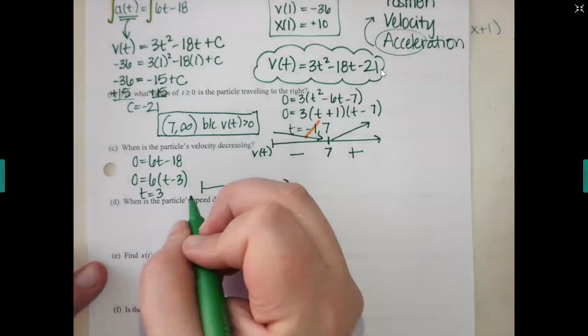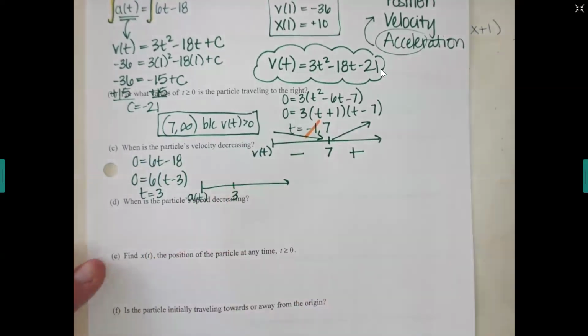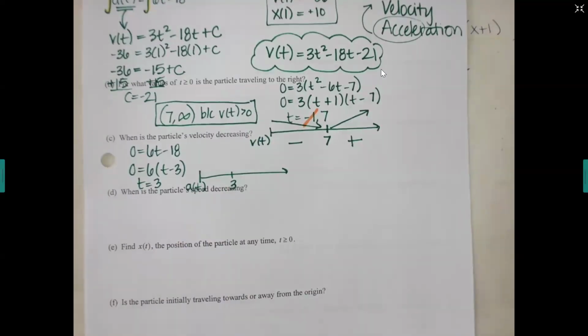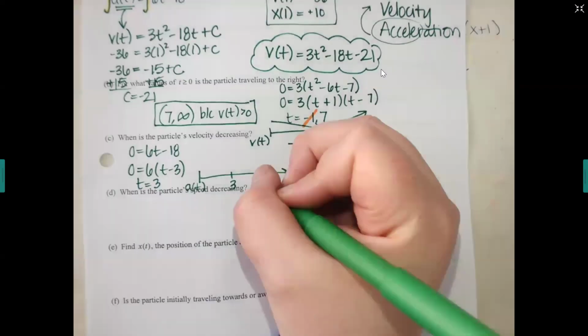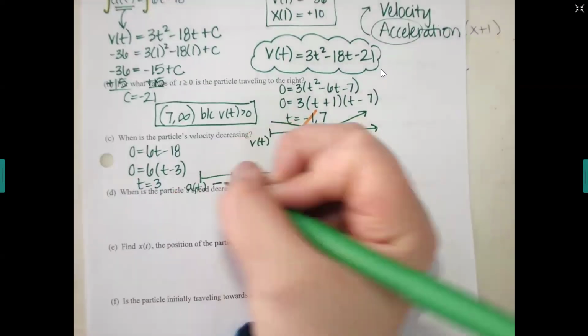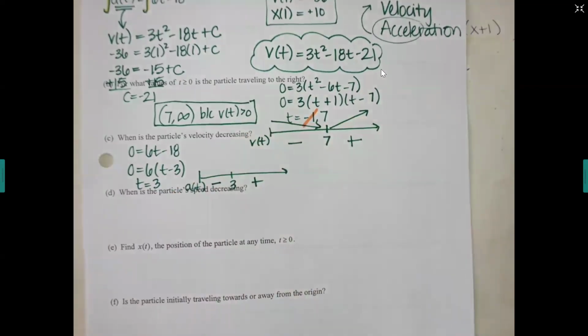Okay, this is an acceleration timeline. Bigger than 3, let's say we pick 5. 5 minus 3 is going to be positive for the right side, and then negative for the left side. Now remember, acceleration tells me what velocity is doing.